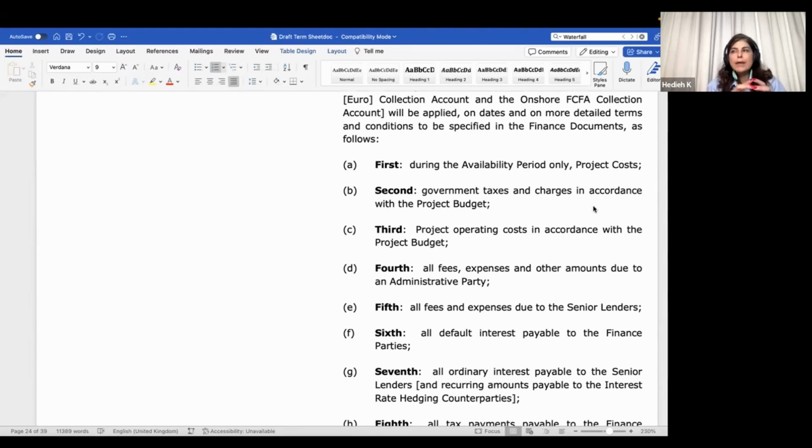And this is where there will be a lot of discussions around what is included, because as you see, the ranking of these people or these contractors that are included in this project operating cost is high. They are senior even to debt service, they are even senior to lenders. So you have to be able to justify that these contractors' services are really needed for the production or generation of these revenues that we have as the source of income in this project. And as I said, the lenders will really monitor that.